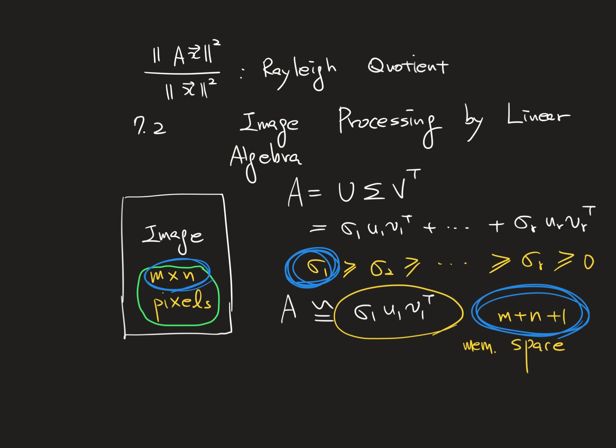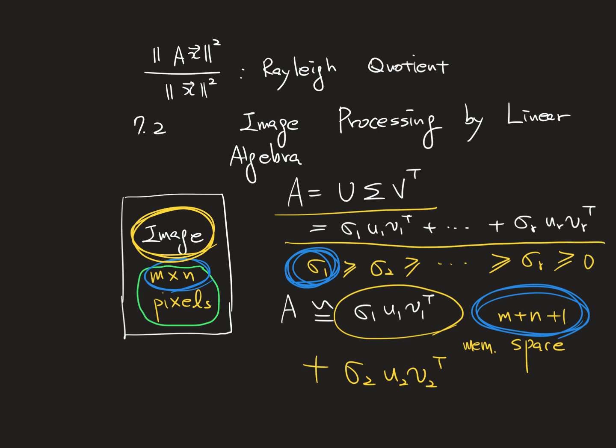If that approximation is not so good, then we can add more terms, like sigma 2 U2 V2 transpose, and that is a rank 2 approximation. Representing the image exactly needs rank r, so adding r terms, but we can approximate using just 1 or 2 terms.